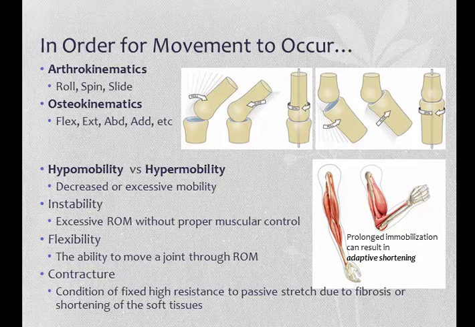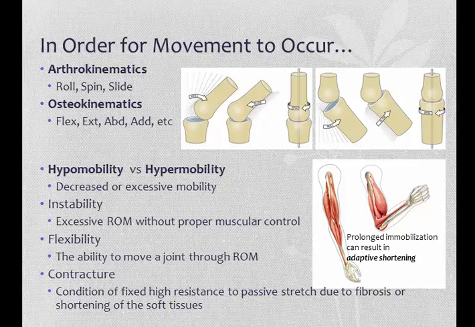A little bit of terminology just so you would know. The difference between hypomobility and hypermobility should be pretty obvious. Hypo means too low, hyper means too much. So we're simply talking about limited range of motion versus excessive mobility. Do not get hypermobility confused with instability.